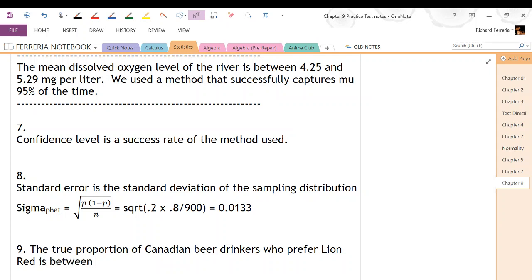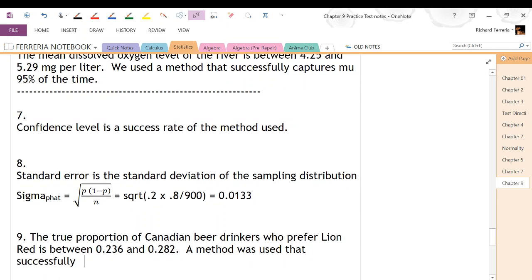Is between 0.236 and 0.282. A method was used that successfully captures the population proportion 95% of the time.